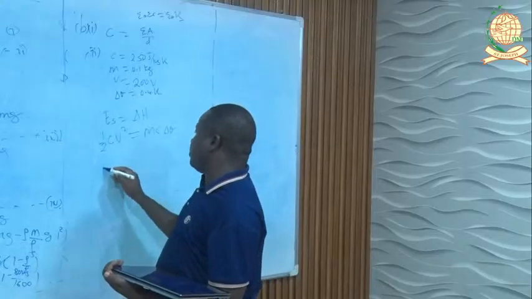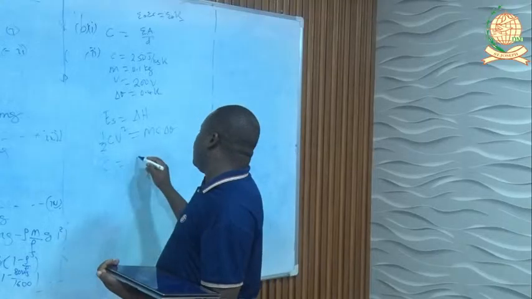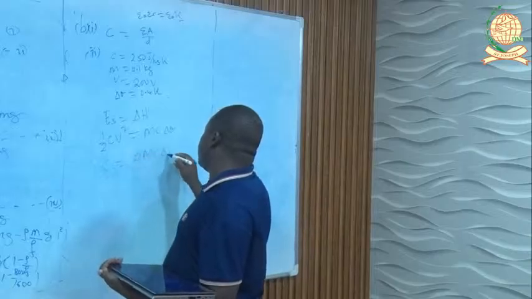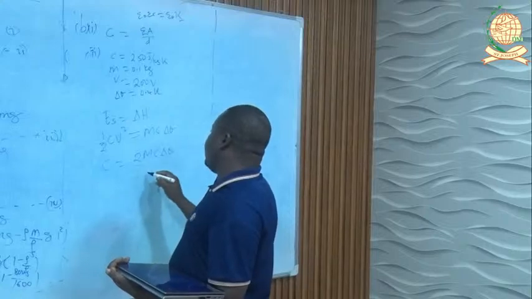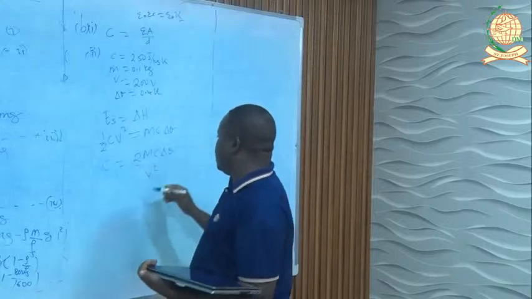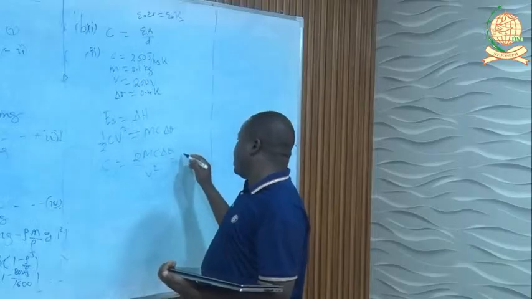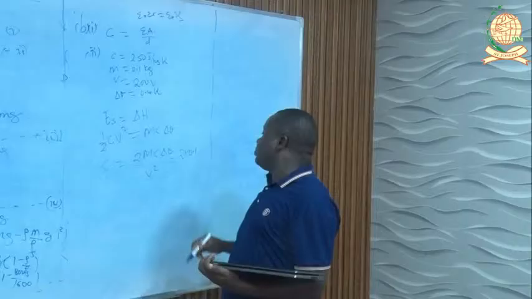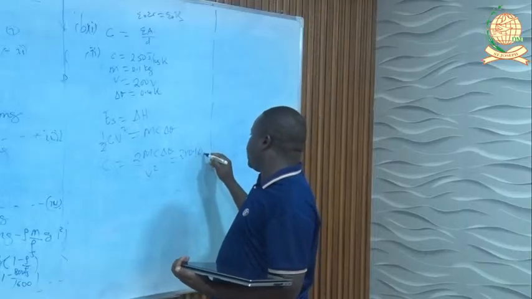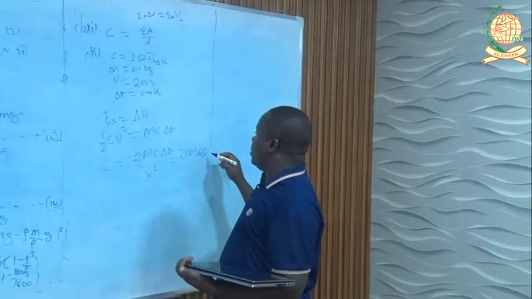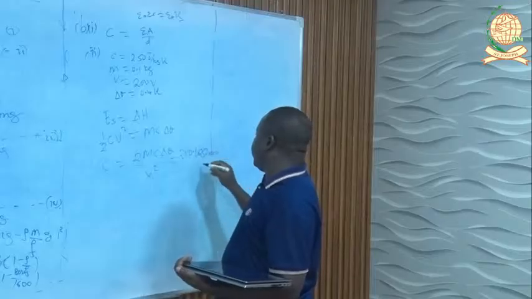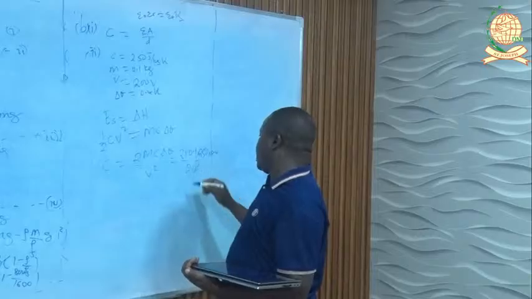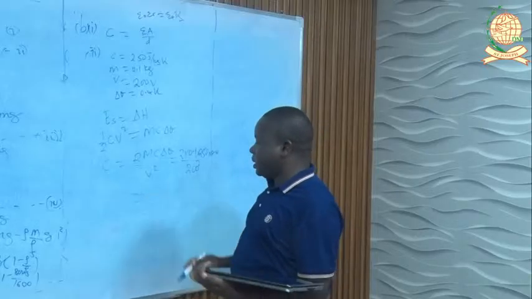So to find C, just take m c times change in temperature, divided by voltage squared. Everything is there: mass is 0.1, the specific heat capacity given, the temperature change 0.4, and voltage 200 squared. So you get the capacitance.